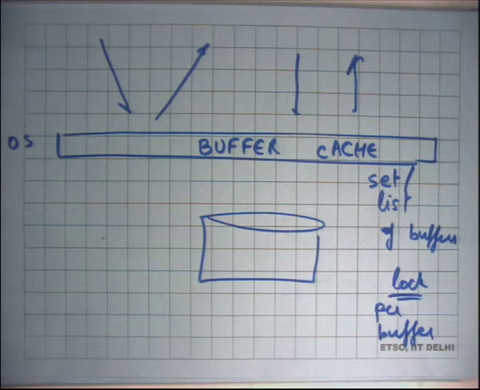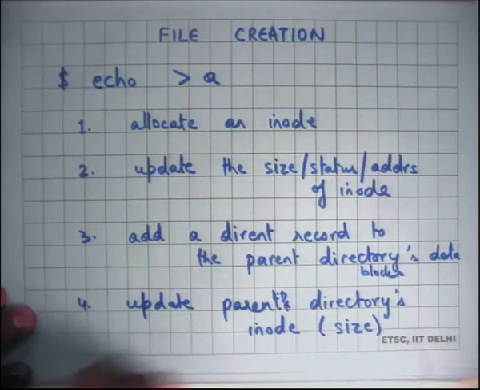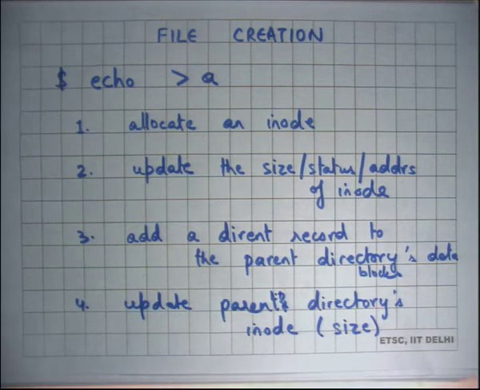Okay. So if I want to, let's say, create a file in a directory, I need to make 4 operations. These are 4 different sectors, 4 different blocks. So I'll probably want to lock all of them and then do this operation. So basically we are moving from coarse grained locking to fine grained locking.